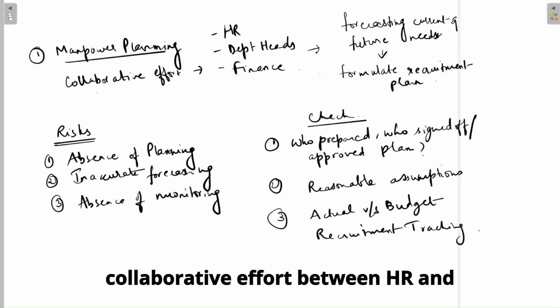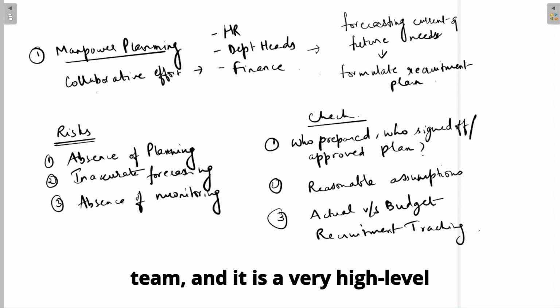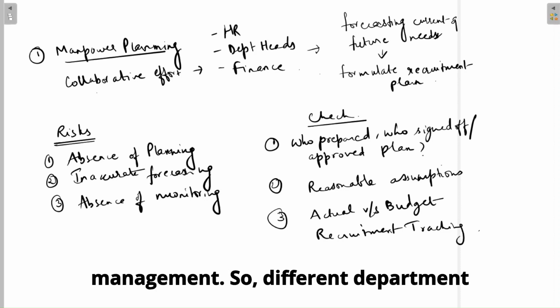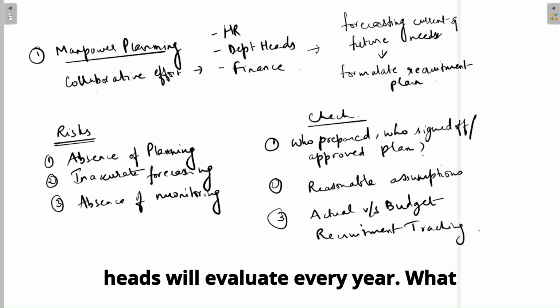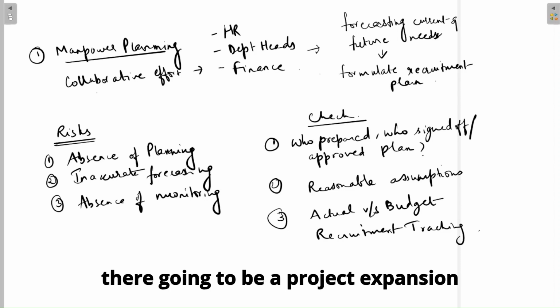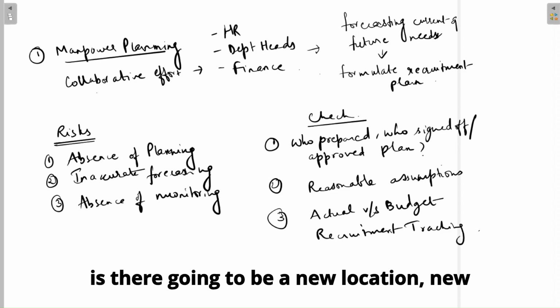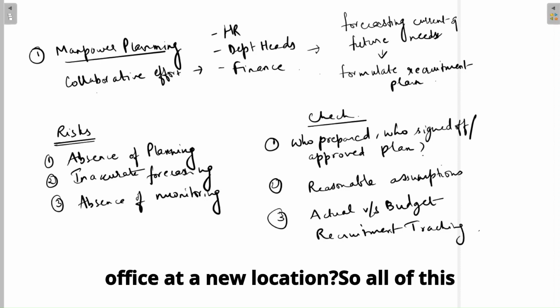Now, this is a very collaborative effort between HR and various department heads and the finance team, and it is a very high-level strategic decision taken by the management. So different department heads will evaluate every year what would be the hiring needs. For example, is there going to be a project expansion which will require them to hire more, or is there going to be a new location, new office at a new location?